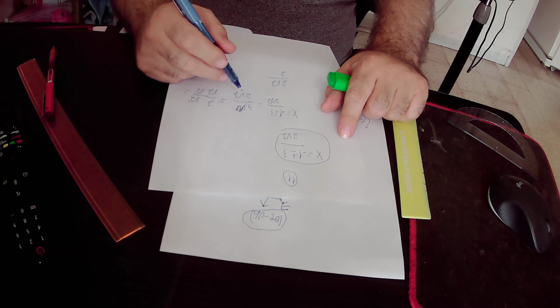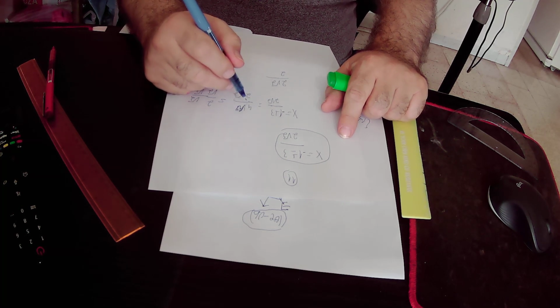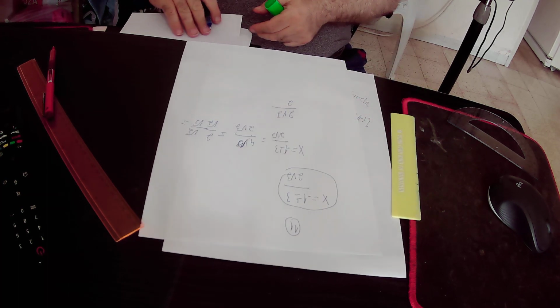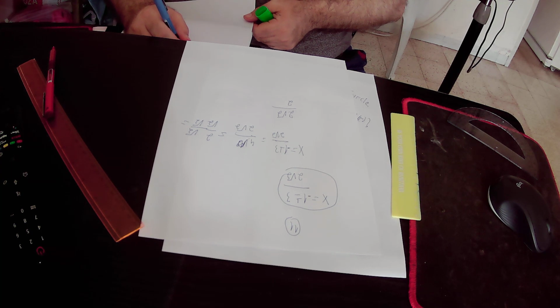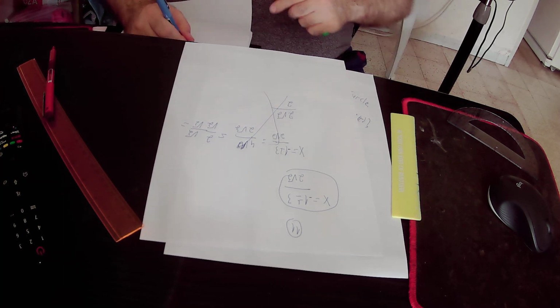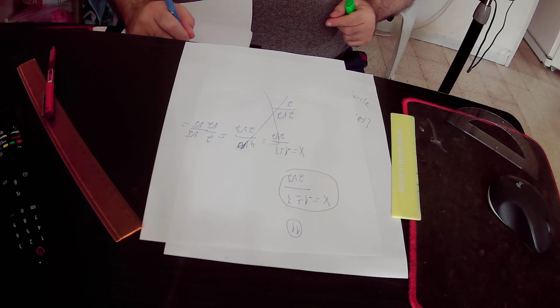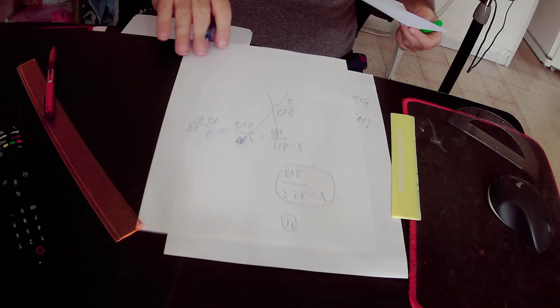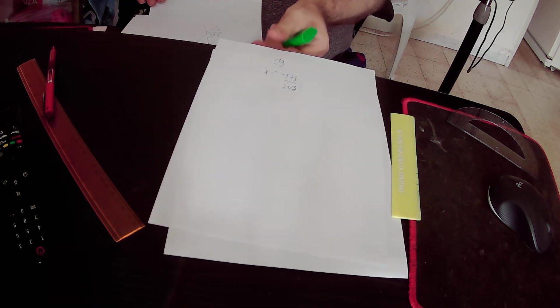Minus 1 plus 3 is 2, so actually x equals minus 1 plus 3 over 2 over root 2. Okay, so that is the first solution for x.